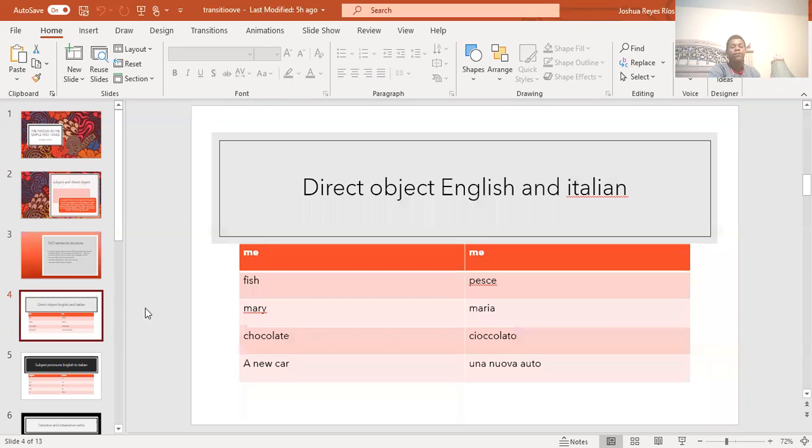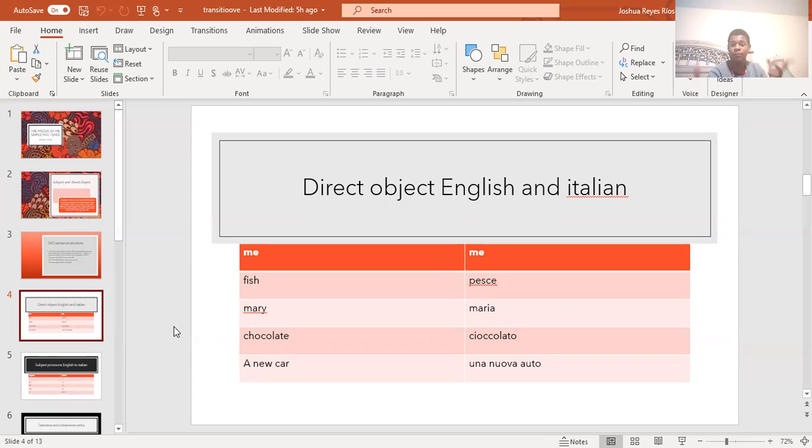Next slide. Direct object, English and Italian. Now, I had a little glitch on this, so the left side of the column is English, right is Italian. As you can see here, English and Italian are almost close to each other. Me in Italian is me.